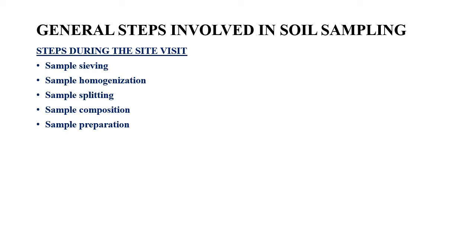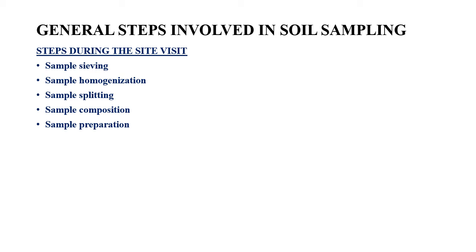Now, splitting also comes only after homogenization. That is, once you have collected the sample and you have sieved it, then you have to properly mix the samples. Mixing the samples can be done a number of times, at least 5 times, so that there is homogeneous mixing of contaminants over the soil sample that you have taken.